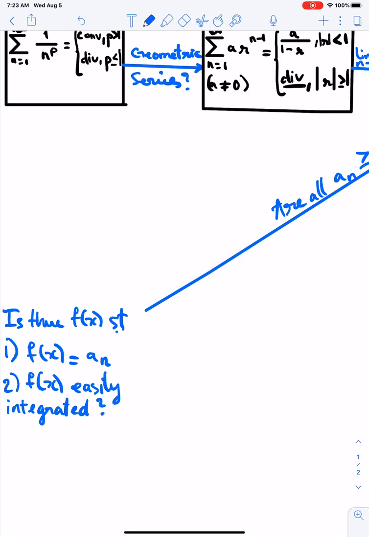If the answer is yes to those questions, then we can use the integral test.